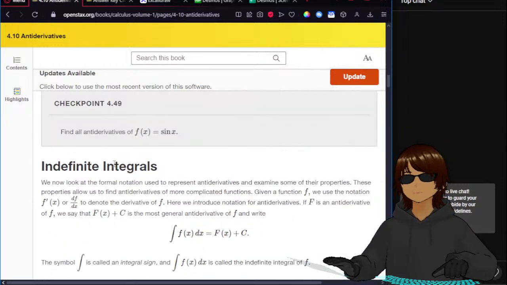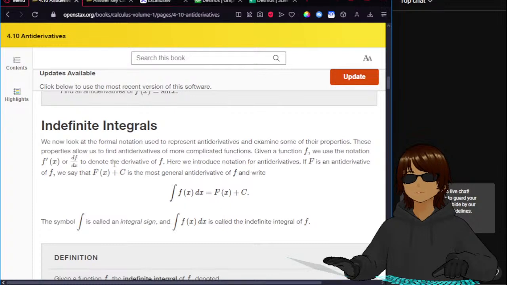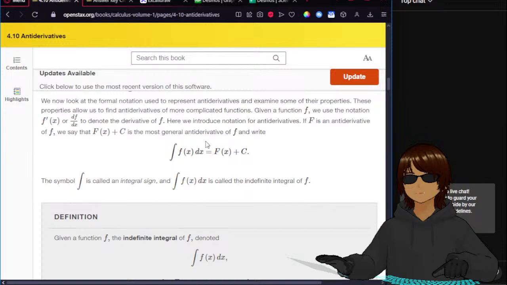Indefinite integrals. We now look at the formal notation used to represent antiderivatives and examine some of their properties. These properties allow us to find antiderivatives of more complicated functions.